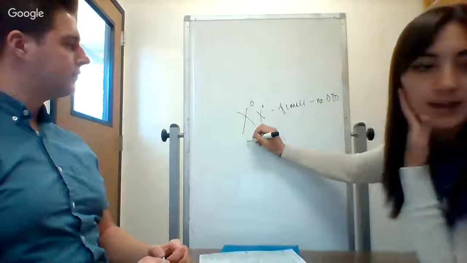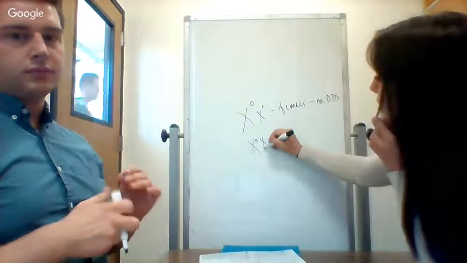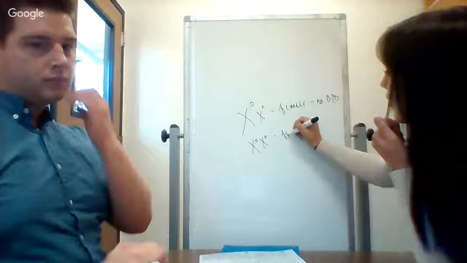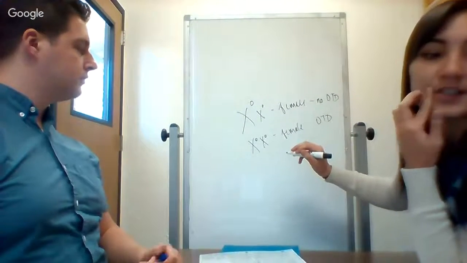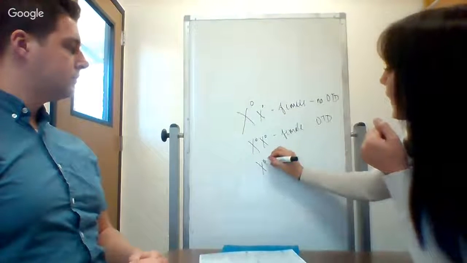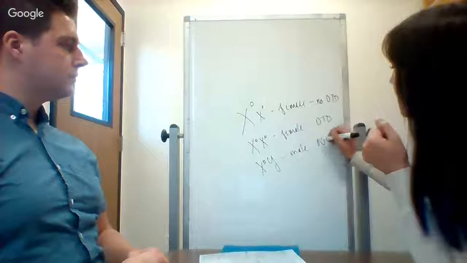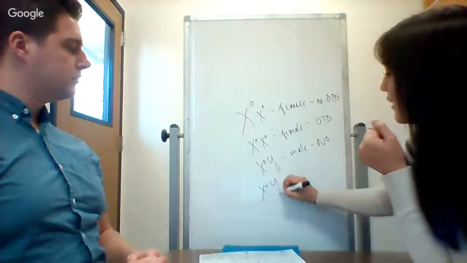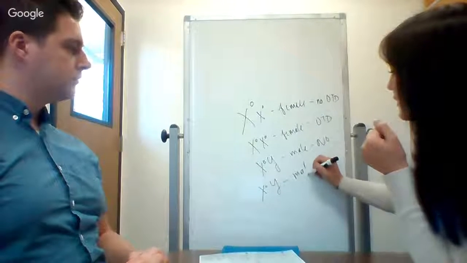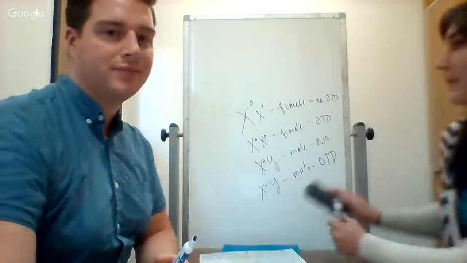And then you'll get a recessive female, which will have OTD. And then you'll get an unaffected male, so no OTD. And then you'll get a male that does have OTD. So a little bit of everything. Exactly.